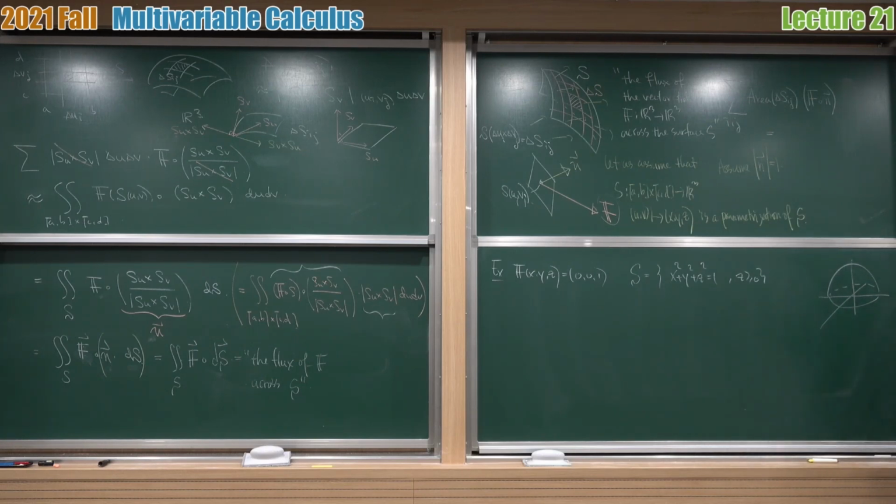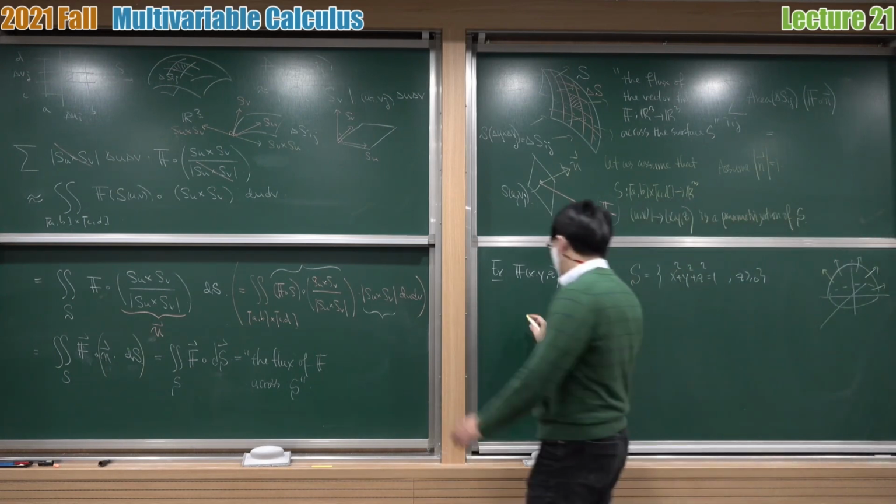Now, whenever you try to find the flux, you need to specify in which direction you're measuring it, which means I have to specify the normal vector at each point of the surface. So my normal vector is this, kind of upward.